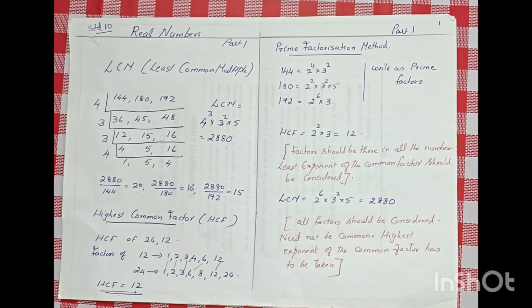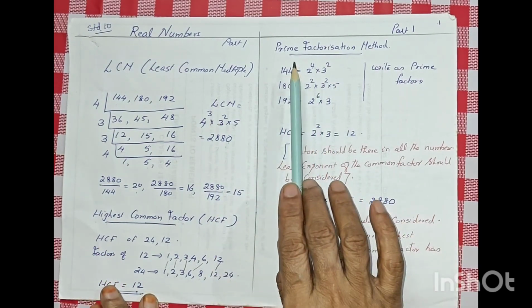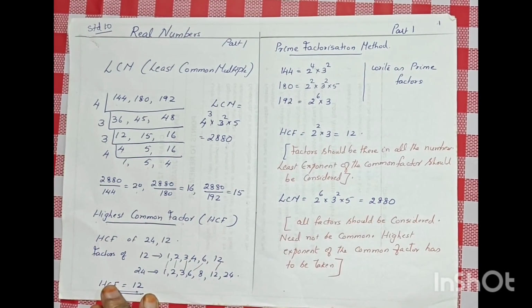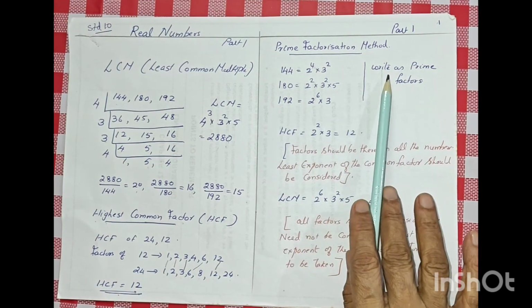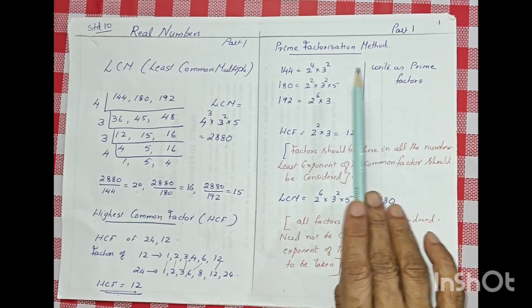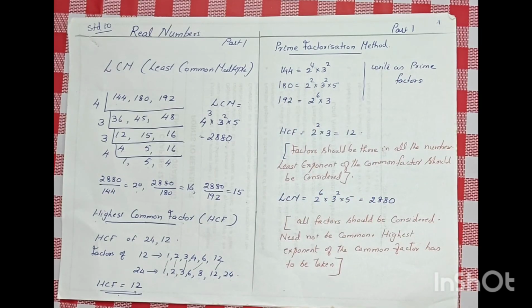Now we will learn to find HCF and LCM using the prime factorization method. In the prime factorization method, first you have to write each number as a product of primes. A prime number, as you know, has only the number itself and 1 as factors.